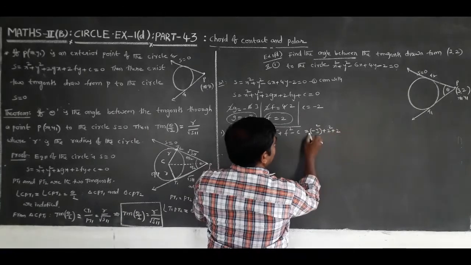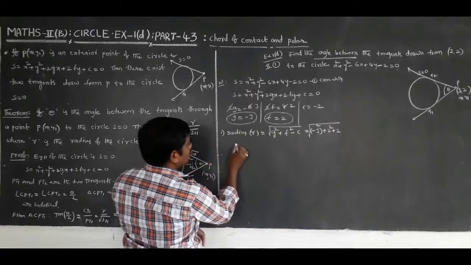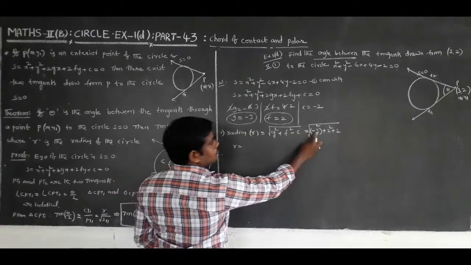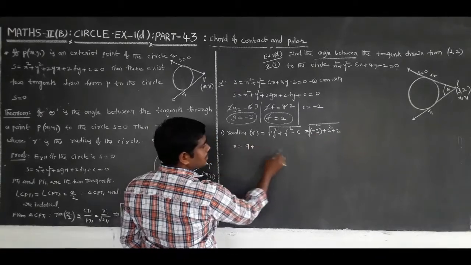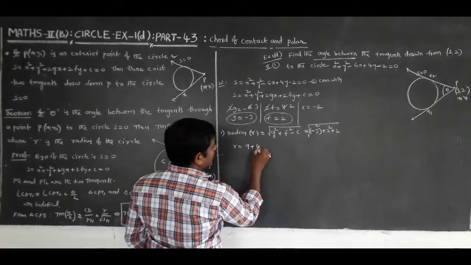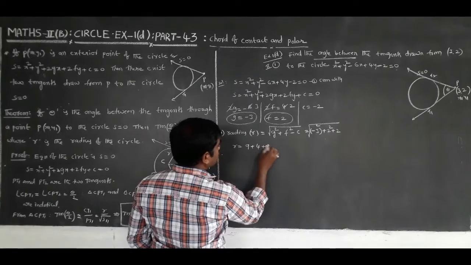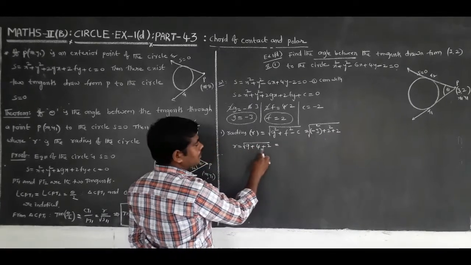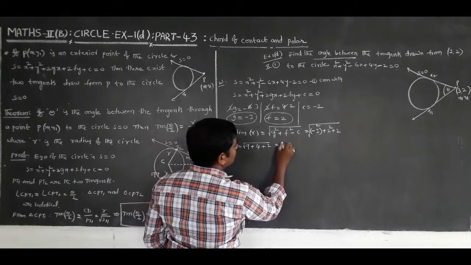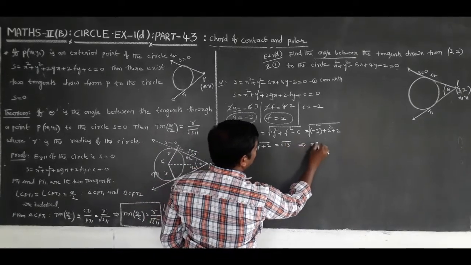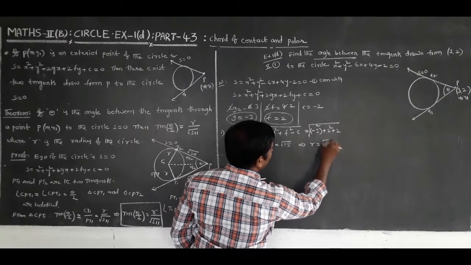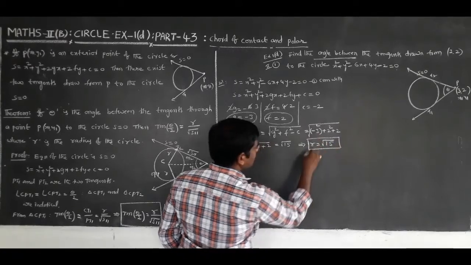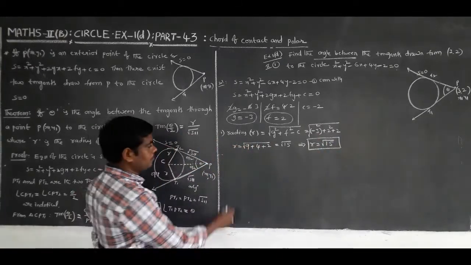Minus into minus is plus 2, under root. R is equal to under root of 9 plus 4 plus 2. 9 plus 4 is 13, 13 plus 2 is 15. Therefore R is equal to root 15.